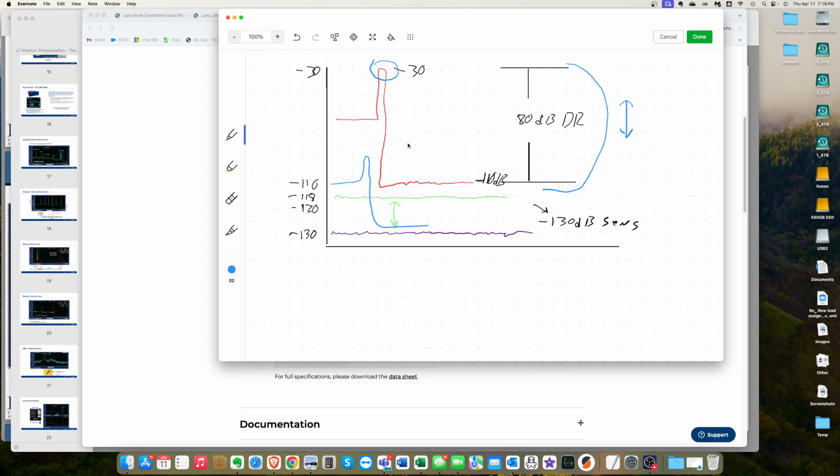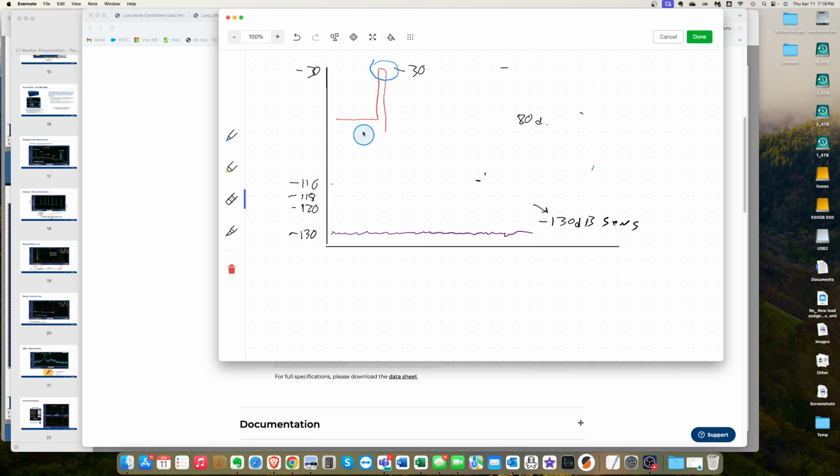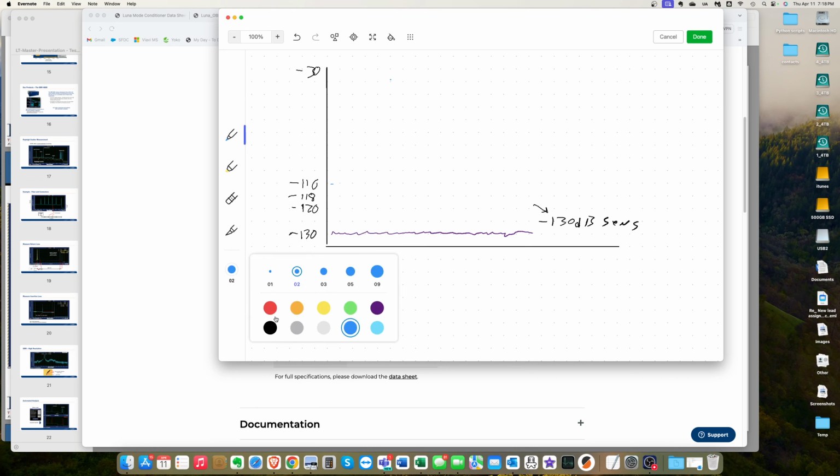So what does this mean? Let me erase a lot of this stuff. It means that if I'm above the noise floor of the instrument, then I can measure the insertion loss of what I'm interested in. Say I have a fiber here at about minus 115, and I've got a fusion splice, and the fusion splice has terrible loss.